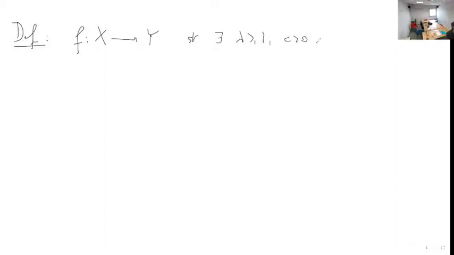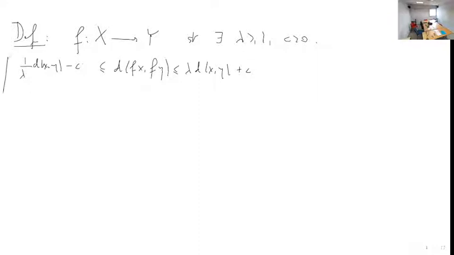For any x, x prime in X, if I look at the distance of the images, then it is at most lambda times the distance from x to x prime up to an additive constant c, and it is at least 1 over lambda times the distance from x to x prime, minus c.